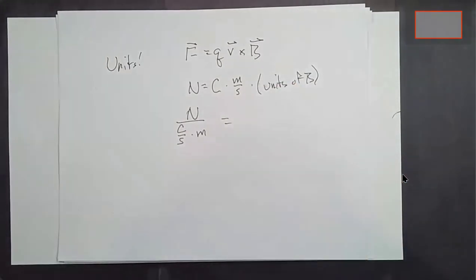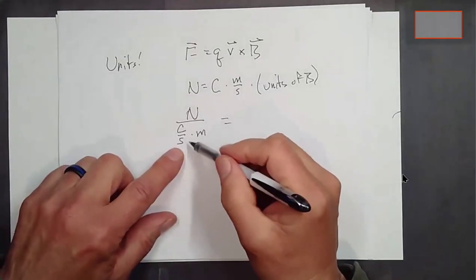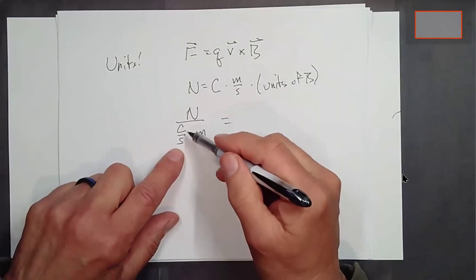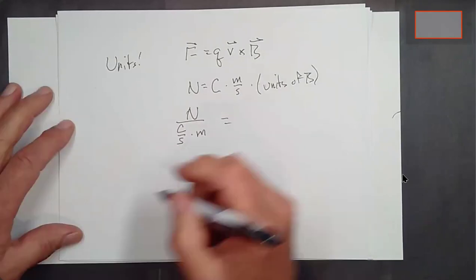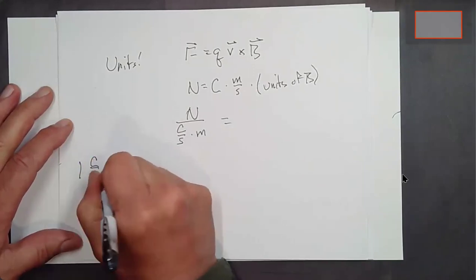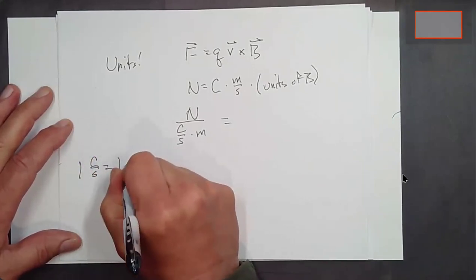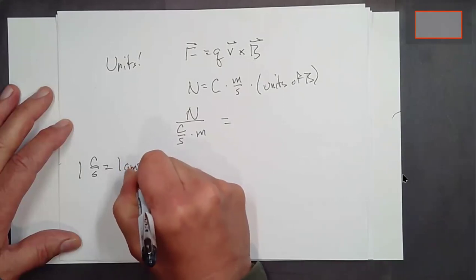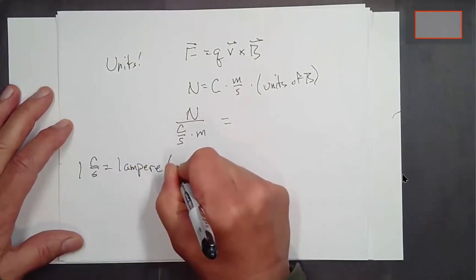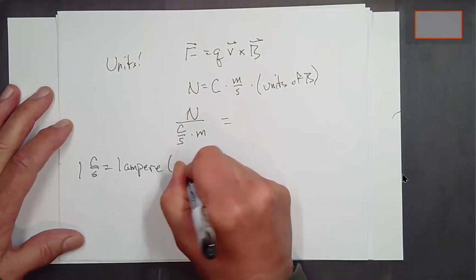Now, we didn't study electric current much as far as the units go, but a coulomb per second happens to be an ampere. So 1 coulomb per second is equal to 1 ampere. And usually people just call that an amp.